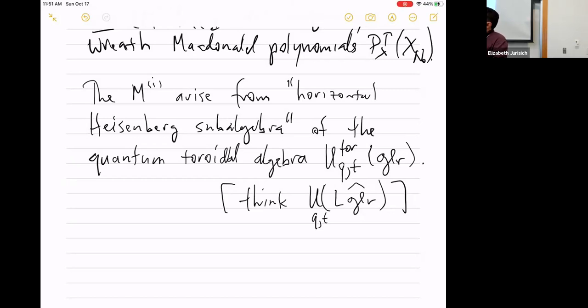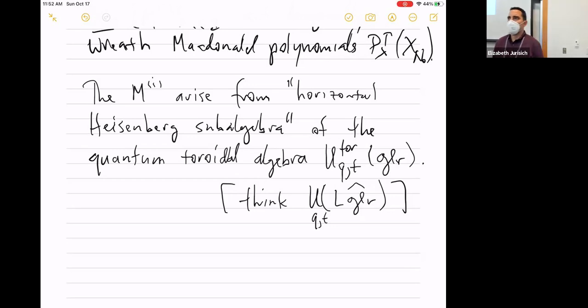But just to give you an indication, one thing that happens is that they can have negative degrees, in a really non-trivial way. In the usual Macdonald case, you can always work with positive degrees. So the naive generalization just doesn't work, and in fact, it's not known what it should be.